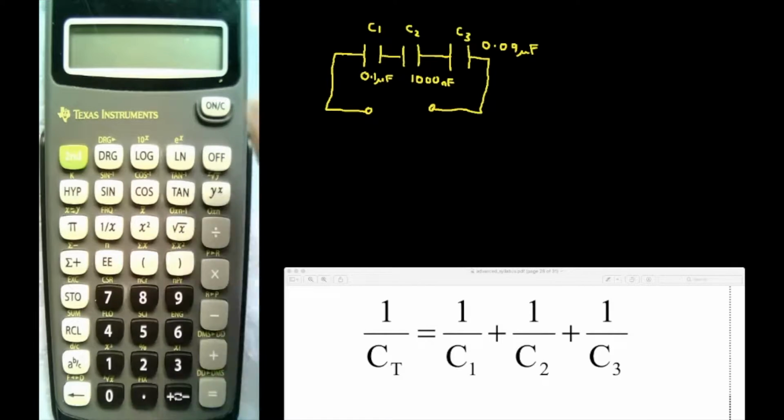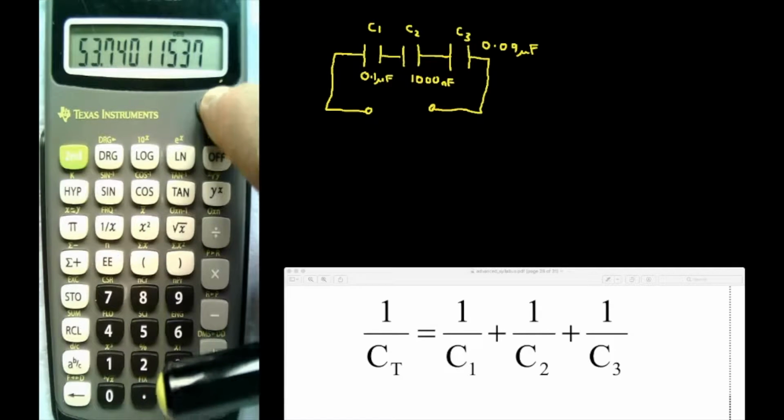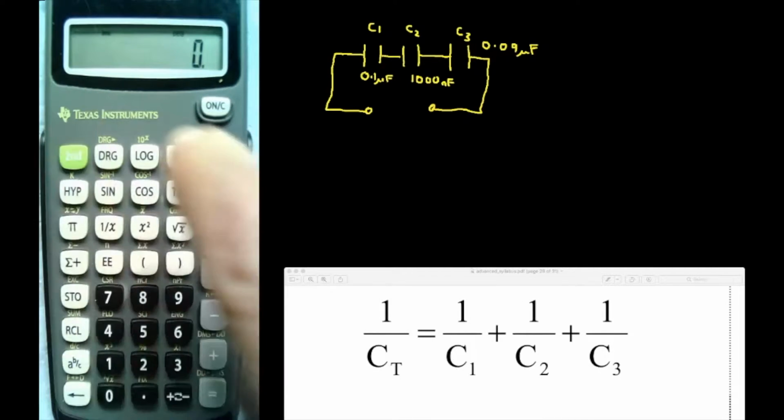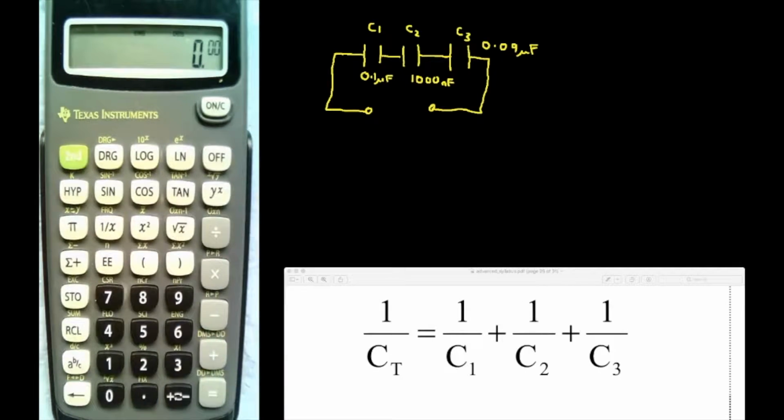So first of all, switch on the calculator, press the button again to clear the last value. Second function and engineering will make life a lot easier to start with. So the formula we're going to use is 1 over C1 plus 1 over C2 plus 1 over C3.